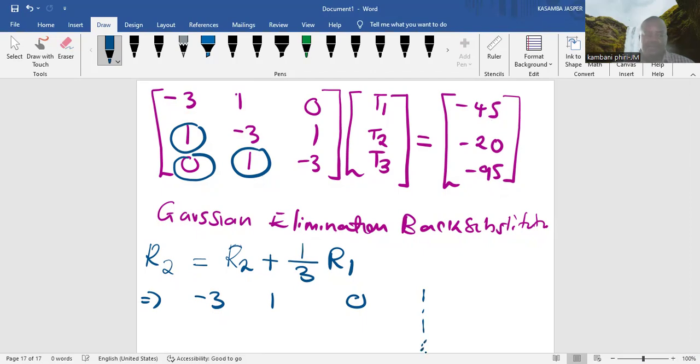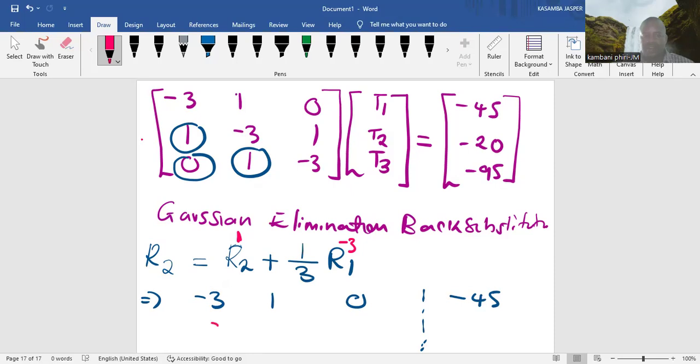Then here we have negative 45. Now for row 2, if you take 1 here, you put 1 here, and here you put 3. Here you put negative 3. Of course, 3 by negative 3 is negative 1.